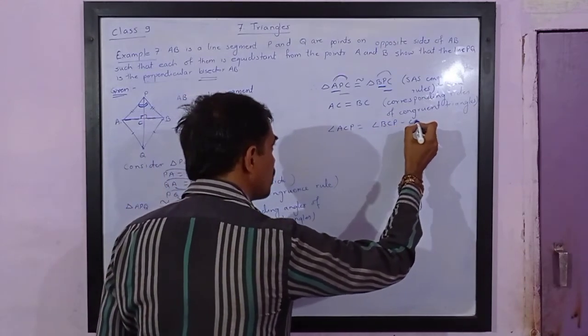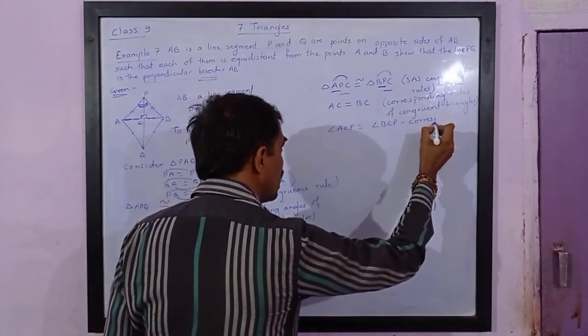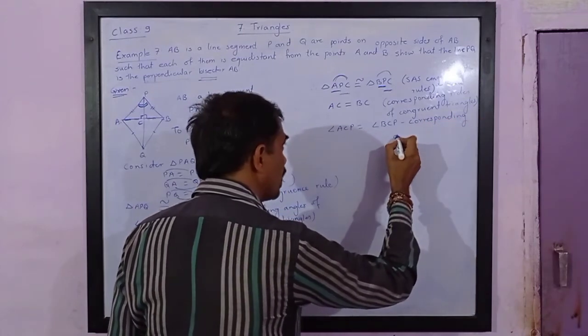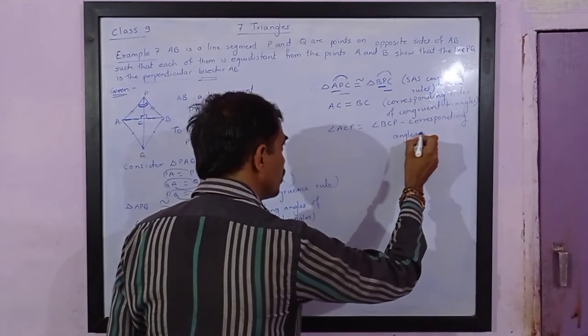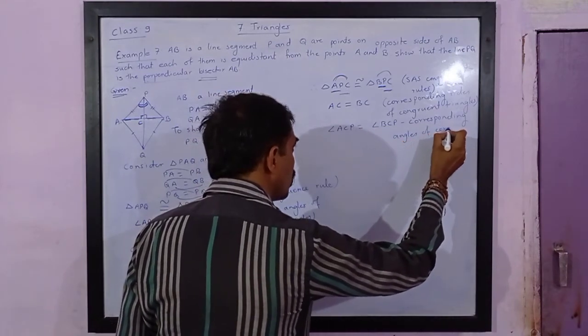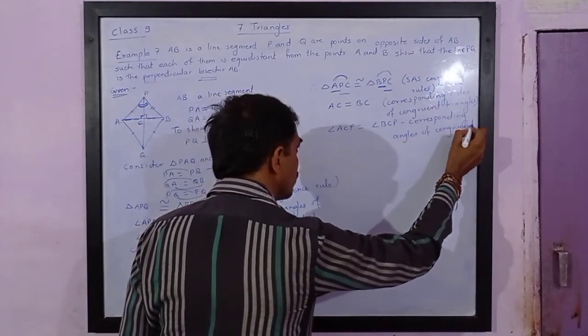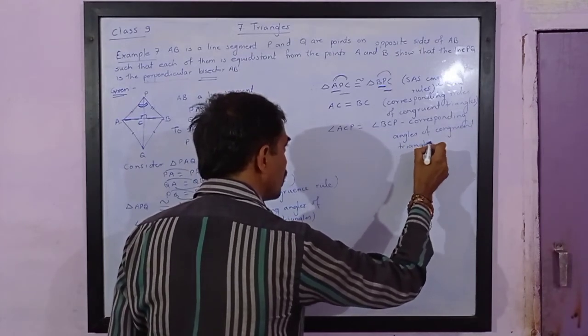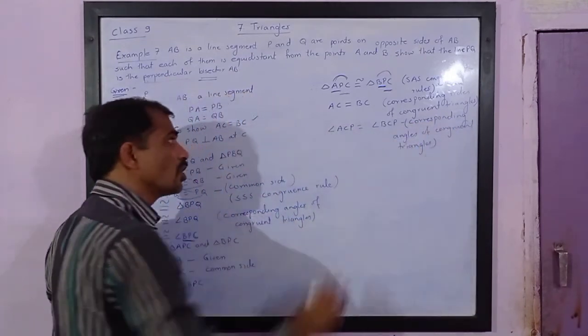These are corresponding angles of congruent triangles.